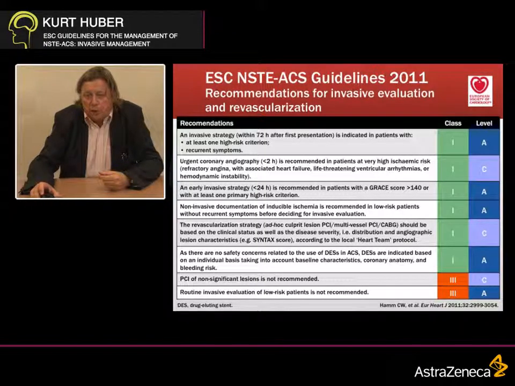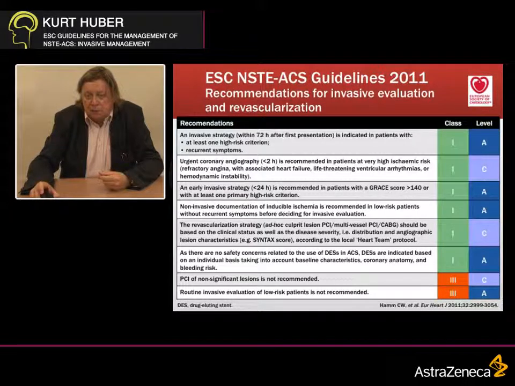An urgent coronary angiography within 2 hours is recommended in patients at very high ischemic risk, patients with refractory angina with associated heart failure, life-threatening ventricular arrhythmias, or hemodynamic instability. And this is a 1C recommendation. C means that we don't have clinical trials that support this recommendation by experts.